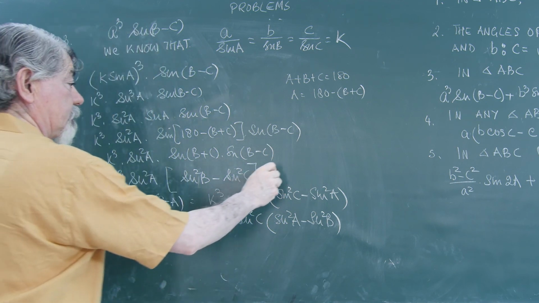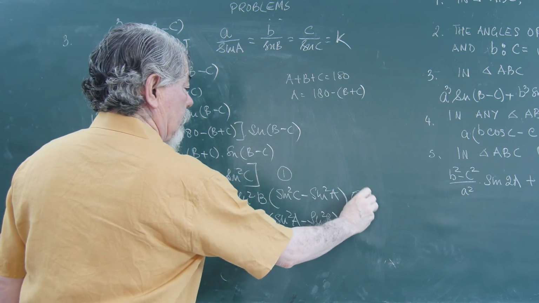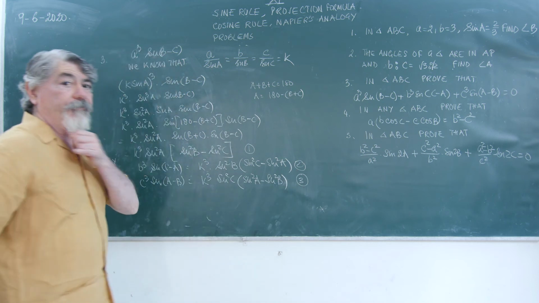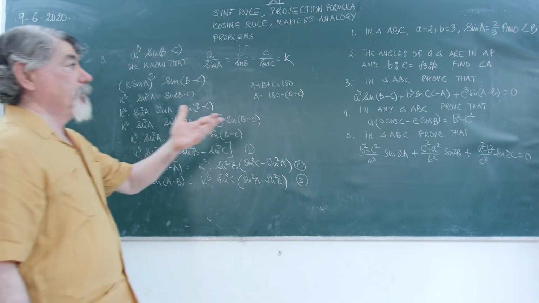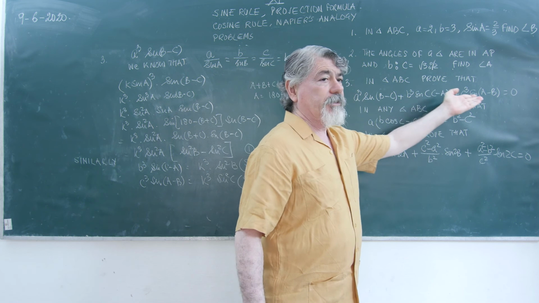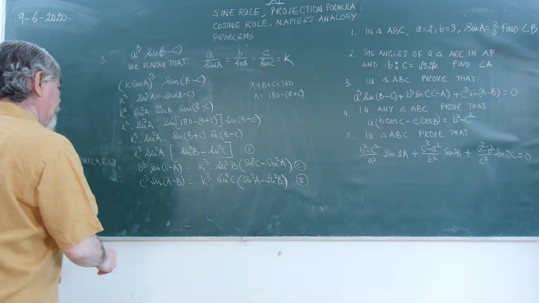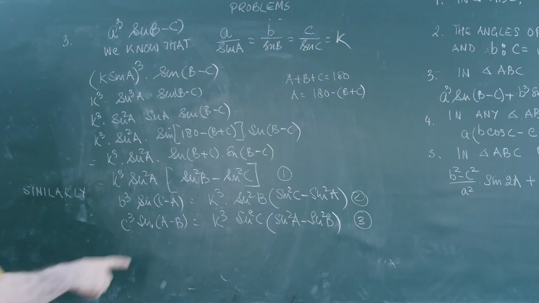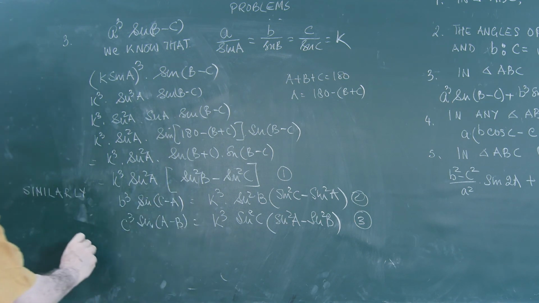Now you've got three results. This is 1, this is 2, and this is 3. And if you add all the three results, they will be equivalent to this. Let us see. If I add all the three results, you can see everywhere I can take K cube common.